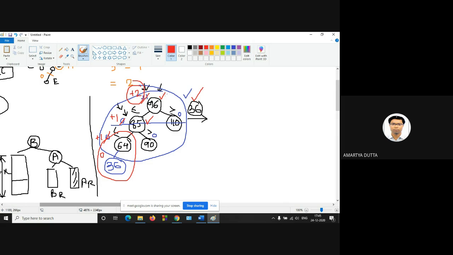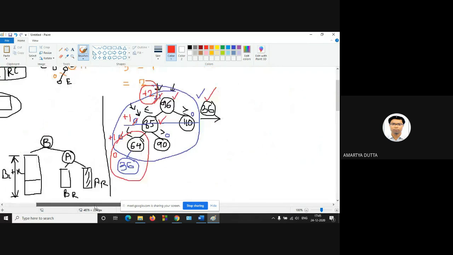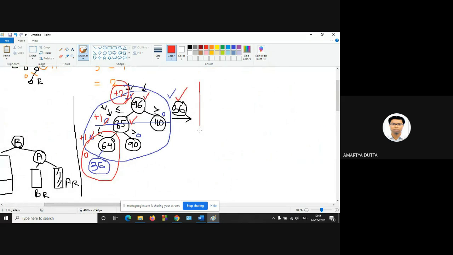Okay. Now, what is the thumb rule? Here, at position A, the rule is violated. So B should be the root. There is a clockwise rotation. This is the rule. Analogously, 85 is the root.